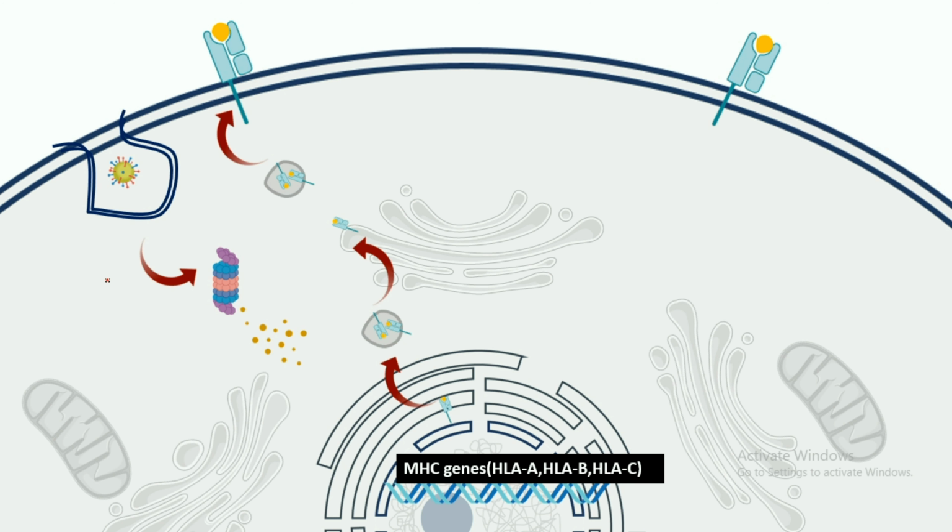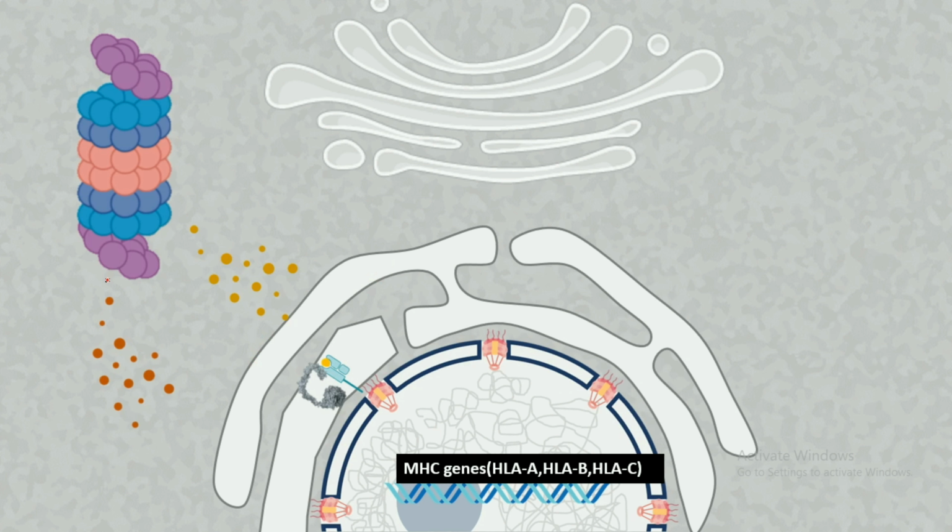So let's say a cell is infected by the virus. So the proteasome inside the cell would degrade many of these viral proteins that would be packaged inside the ER on class 1 MHC, and it would be displayed on the surface, which could be detected by CD8 T cytotoxic cells, right?